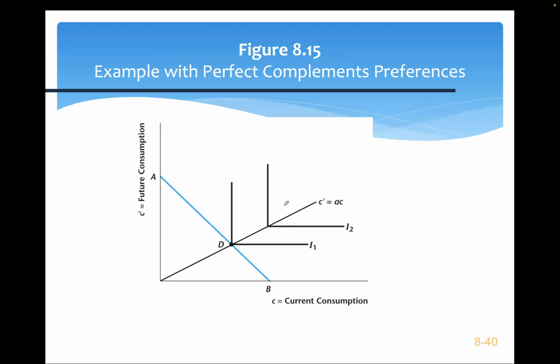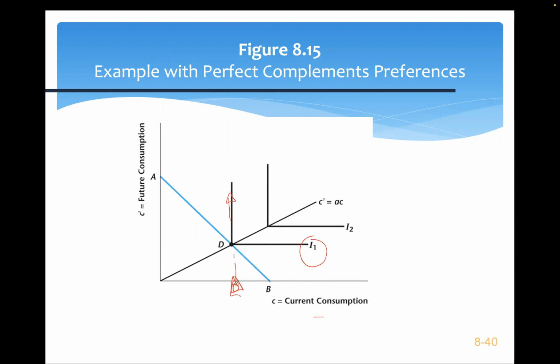This is how the preference looks. This preference is called perfect complement. How do we understand perfect complement? If you have this amount of C, and you increase C prime, regardless of how much you increase C prime, it's not going to change your utility. An example is your left-hand side shoes versus your right-hand side shoes.